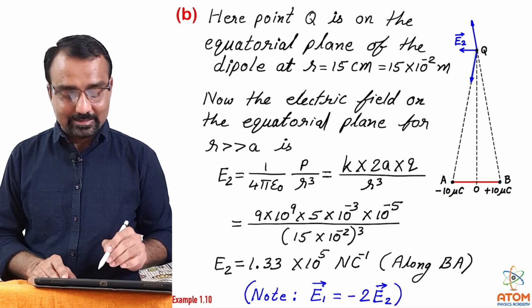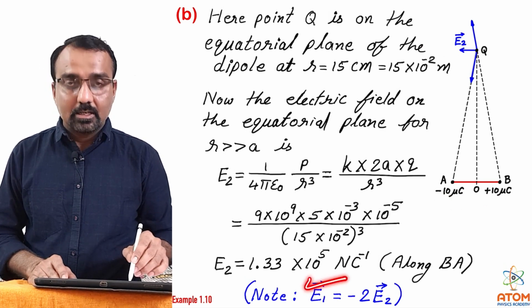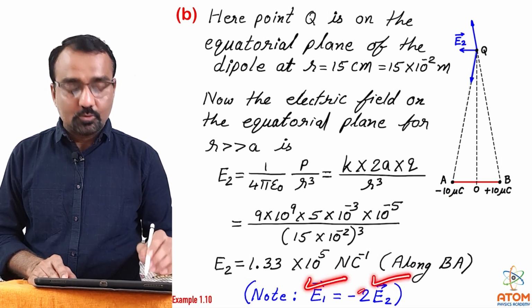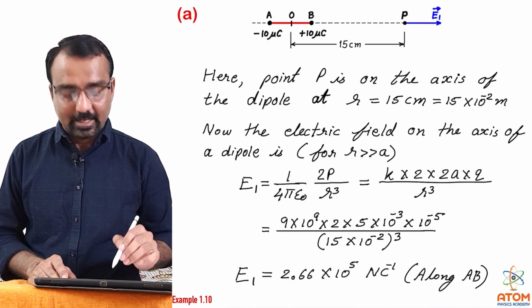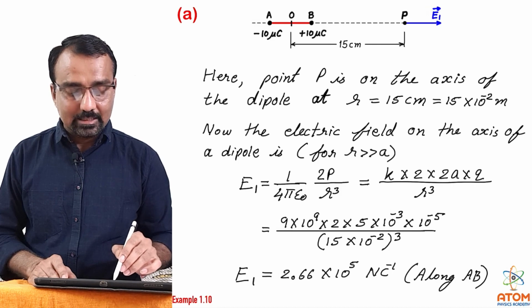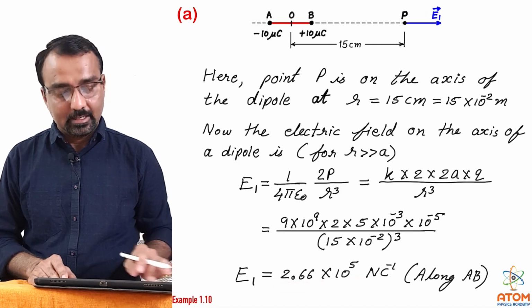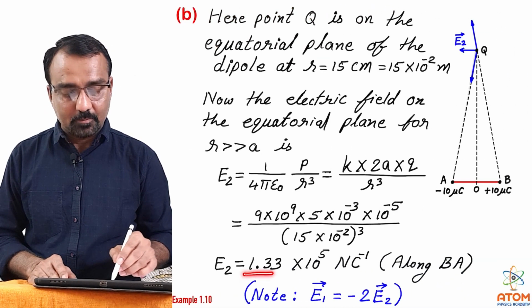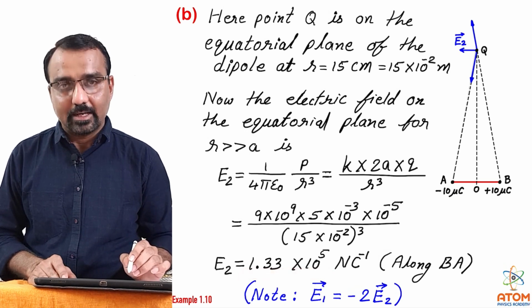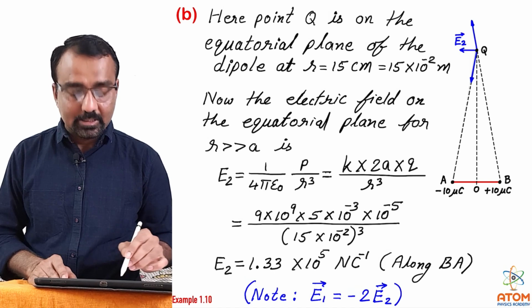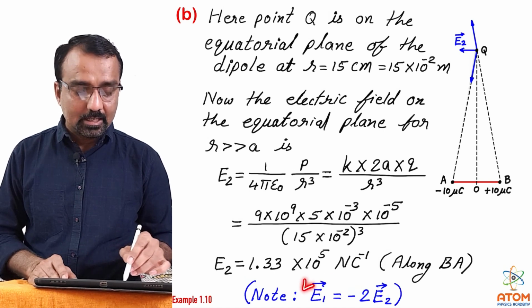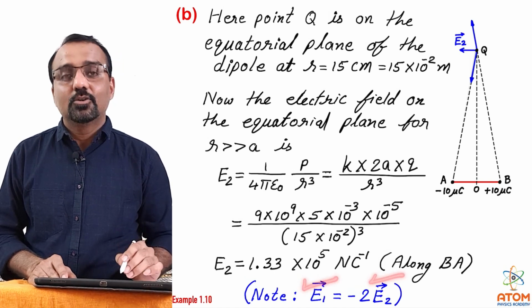So we can see that E1 is minus 2E2. You can see the values also. The magnitude of E1 is 2.66 into 10 raised to 5, and for E2 it is 1.33 into 10 raised to 5. So E1 is double E2 and the direction is opposite. That is why we can write E1 equal to minus 2E2.